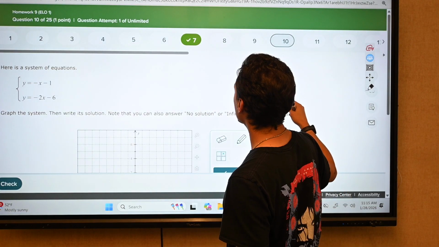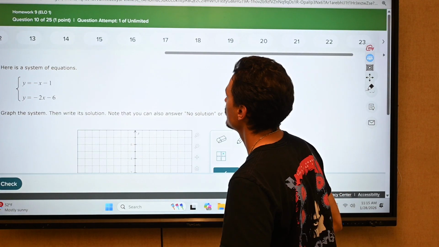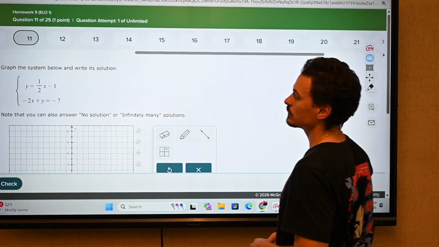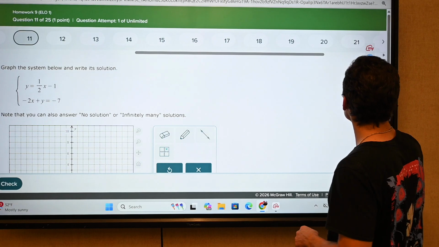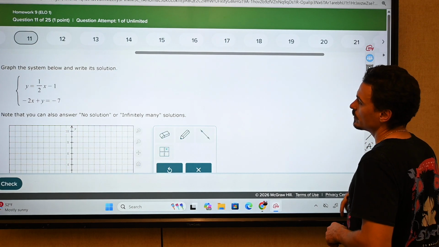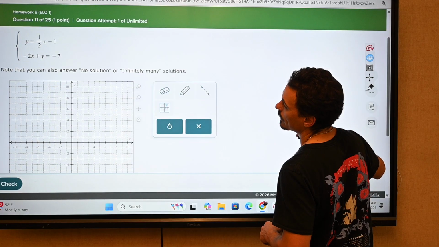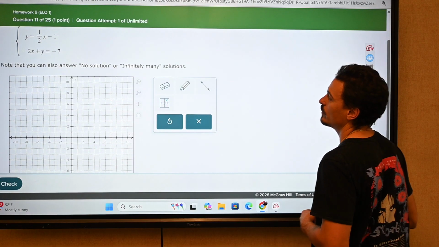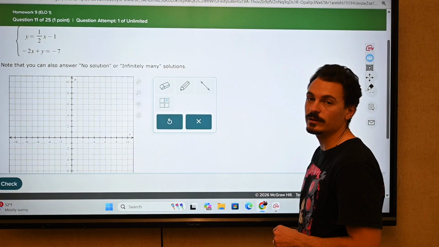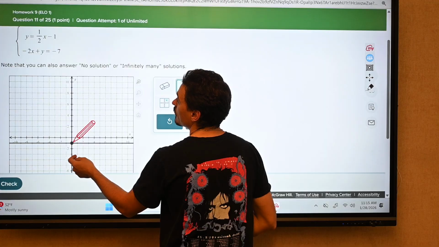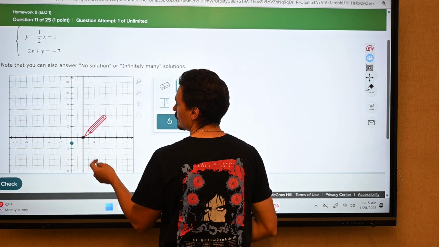I'm going to do number 11 as well. Awesome. Number 11 wants you to take these two lines and graph them. Like I said, if you don't know how to graph lines, you're going to have to go back. So my 2 points for this one will be here and here.